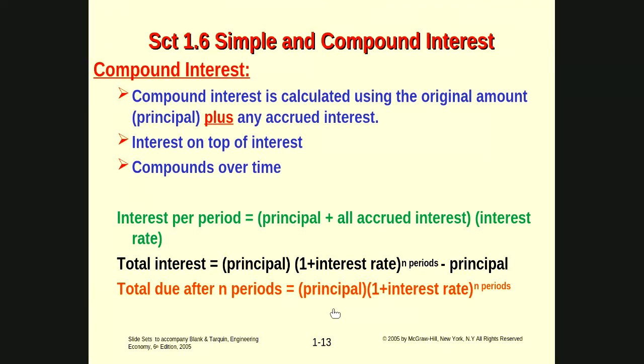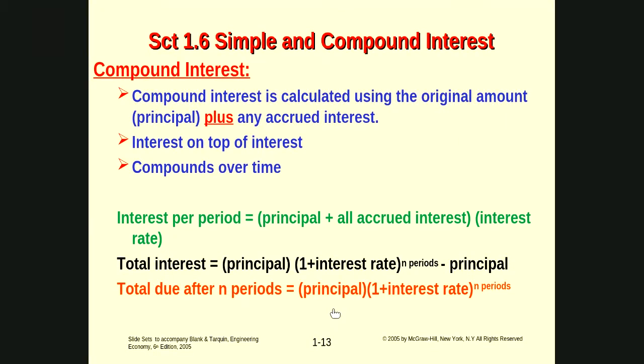This will show you how it could be tricky for banks to use compound interest. Usually banks use the compound, but it could trick you by a small interest rate that attracts you, but at the end it is not really applied in a simple way. It's applied in a compound way.